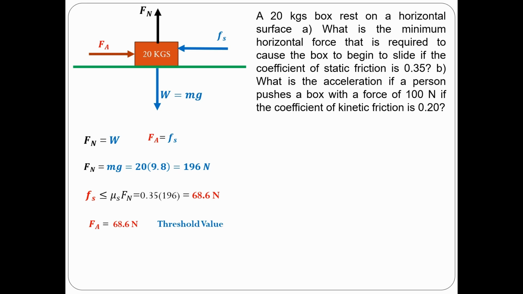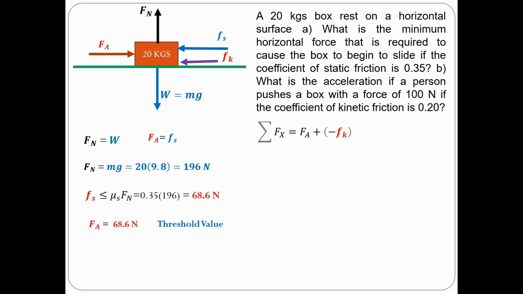We understand that whenever the object is moving, the kinetic friction force is present while the static friction force is zero. So the forces in the x direction are the applied force and kinetic friction force.